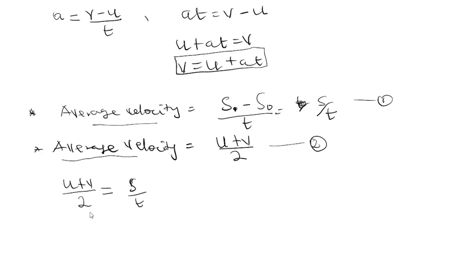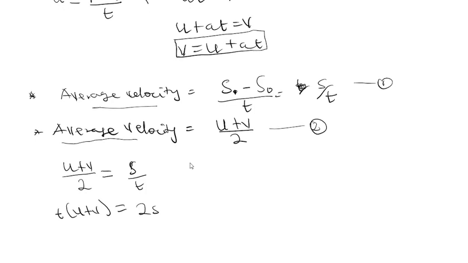Now let's simplify it. This is going to be t times u plus v equal to 2s. So we did cross multiplication. So it is the same as 2s equal to tu plus tv.